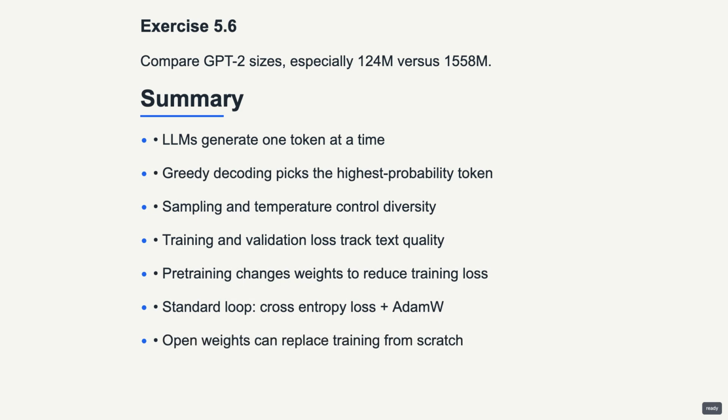Training on a huge corpus takes a lot of compute and time, so using openly available weights is often the practical choice. That gives you a strong starting point without paying the full cost of pre-training the model yourself.